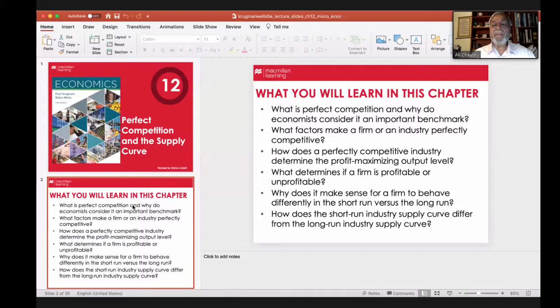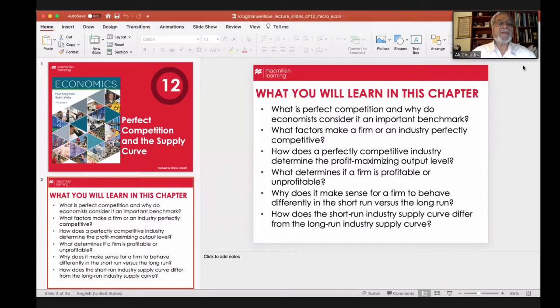So today, we're going to talk about perfect competition. We began the class with the understanding of different principles, and one of the definitions that we adopted is what is a market, what is a perfectly competitive market, and we're going to get more specific about what perfect competition means.